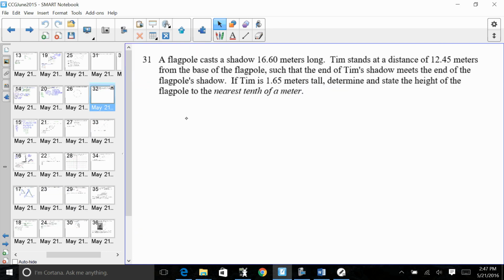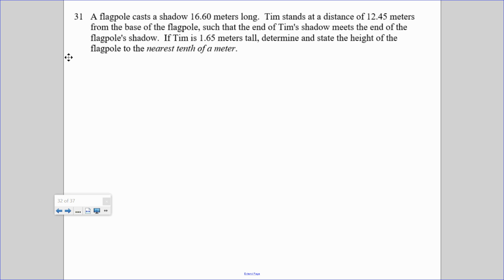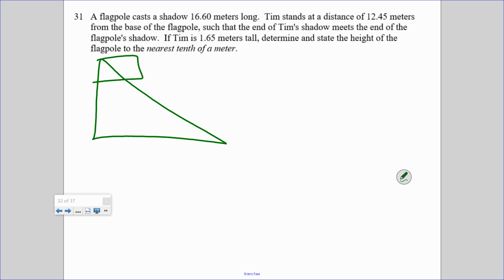And we're back. I got to redo the problem. We'll kind of get caught up to where we were. We had the flagpole. We had 16.6. We had Tim, he was 1.65. His shadow, oh, he's 12.45. This is what it's asking for.